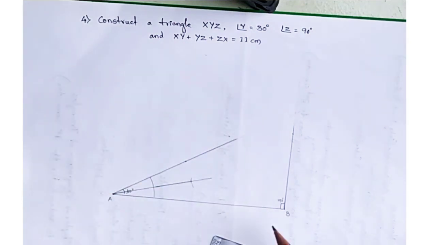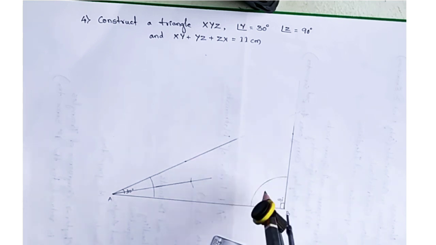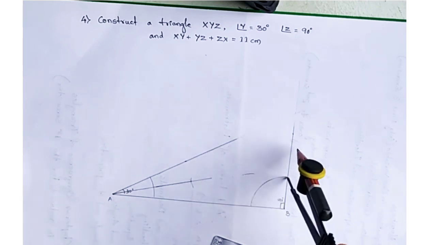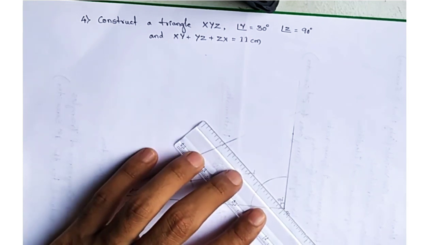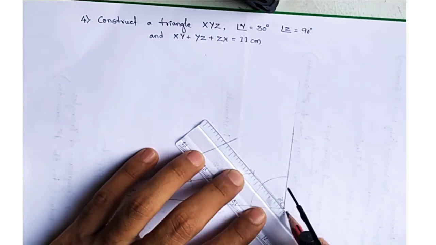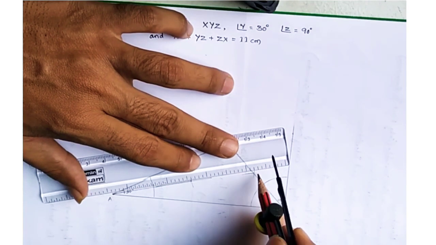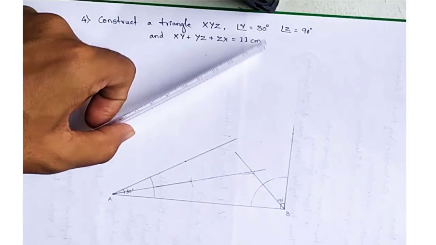Now repeat the same thing at the 90 degree angle, taking the angle bisector here. Extend the earlier angle bisector which will meet the angle bisector of the 90 degree angle.